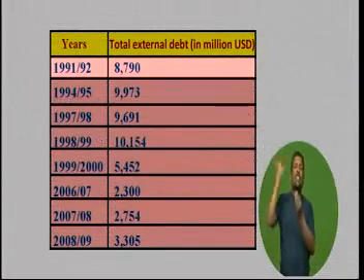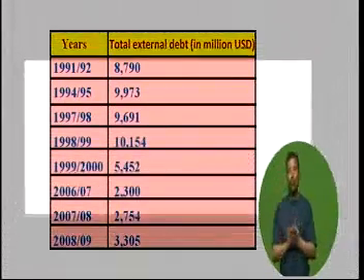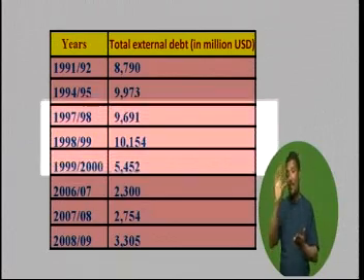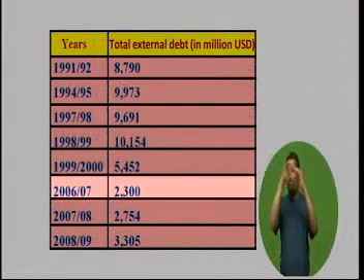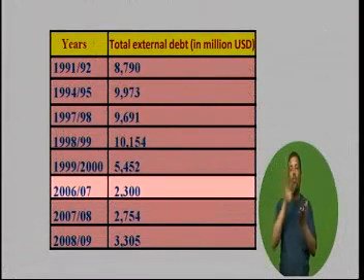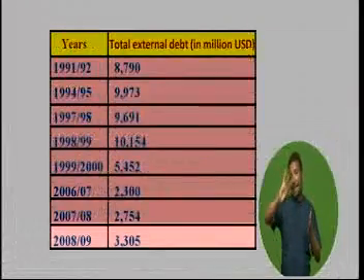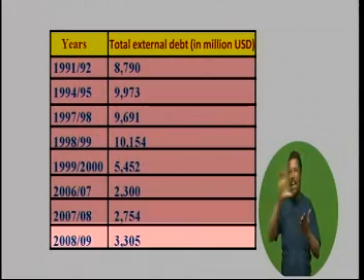It increased from 8 billion 790 million USD in 1991-92 to 10 billion 154 million USD in 1998-99. Subsequently, it dropped significantly down to about 2 billion 300 million USD in 2007-8, though it increased again to 3 billion 305 million USD in 2008-9.